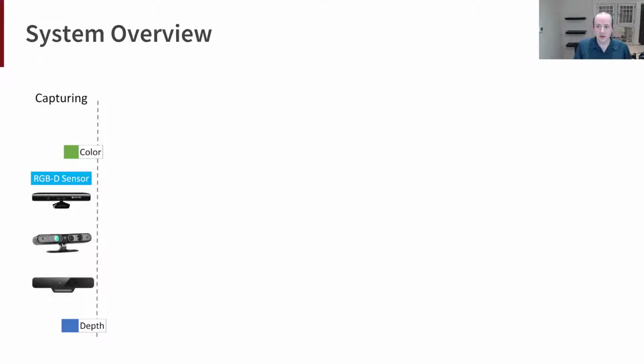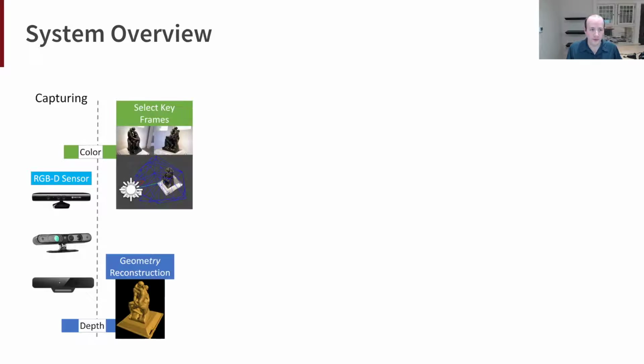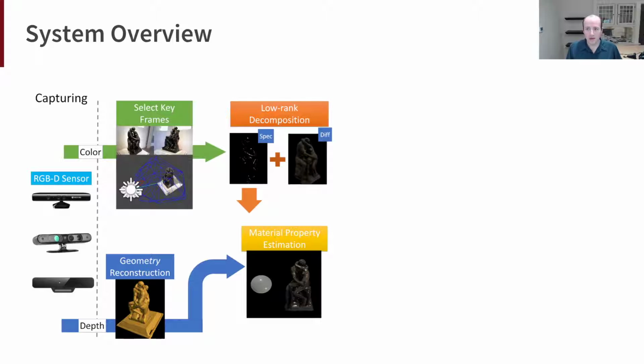In this work, we developed a complete end-to-end capture to rendering pipeline, which starts with an RGB-D image sequence captured using a handheld device, such as a Microsoft Kinect or RealSense camera. The depth images are used to generate a geometric model, and the color sequence is then subjected to a keyframe selection process that results in a subset of the best frames for texture reconstruction. We developed a novel method for separating the diffuse and specular maps from the color images.